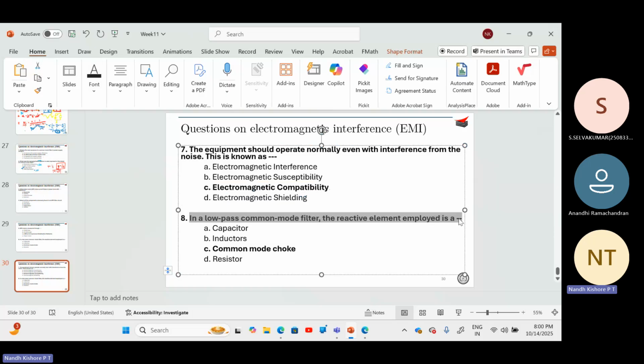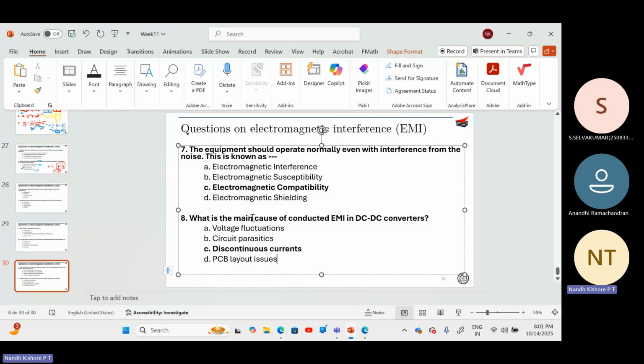Okay. So even if there is EMI, I want it to show good electromagnetic compatibility. Okay. So what is the main cause of conducted EMI in DC converters? Voltage fluctuations, circuit parasitics, discontinuous currents, PCB layout issues.